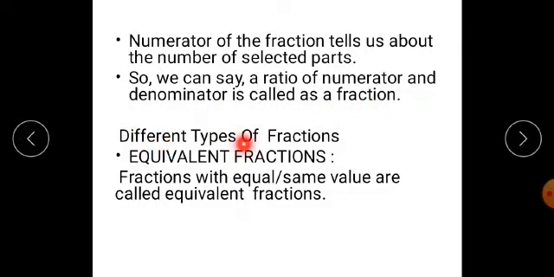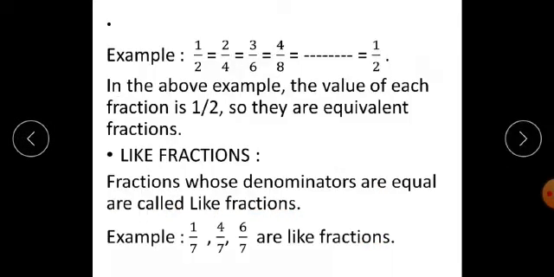Now let's see different types of fractions. First one, equivalent fractions. Students, you have learned this type of fraction in 5th standard. Fractions with equal or same value are called equivalent fractions. Let's see some examples. 1 upon 2 is equal to 2 upon 4 is equal to 3 upon 6 is equal to 4 upon 8, and so on, all equal to 1 upon 2. Why have I written this? When a Puran Poli is divided into two equal parts and one part is selected, we show that with the fraction 1 upon 2.